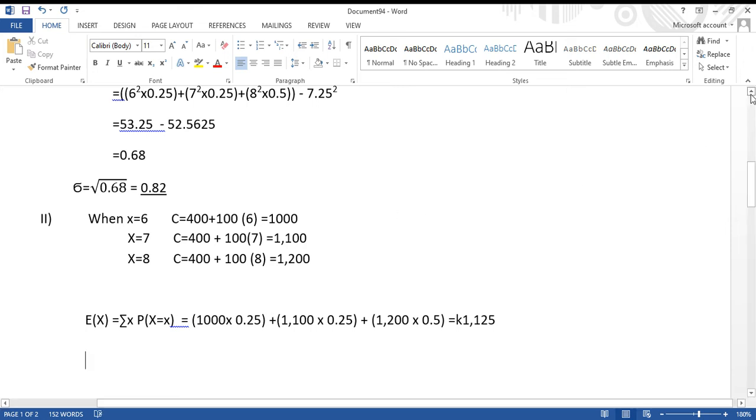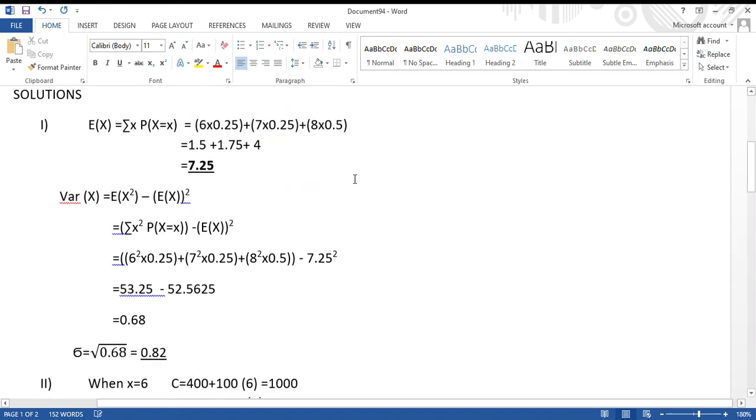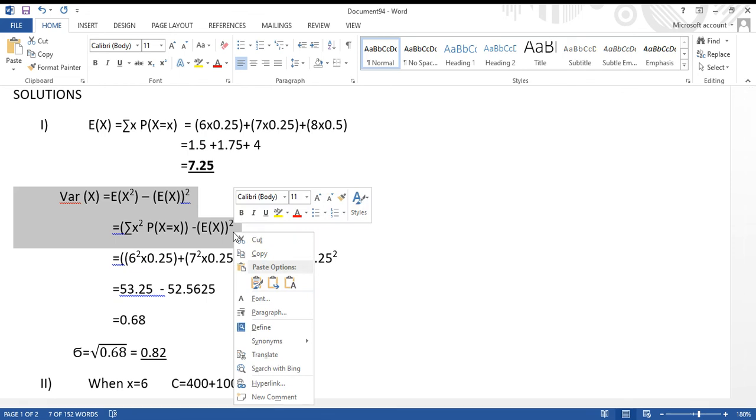Then again we have to find the variance cost, so we use this formula.